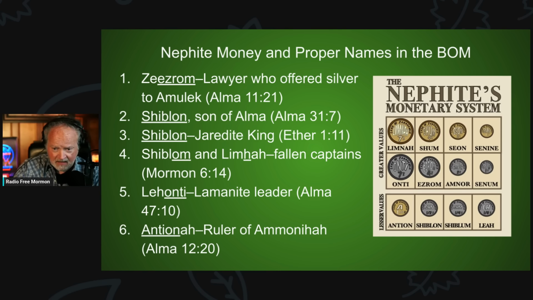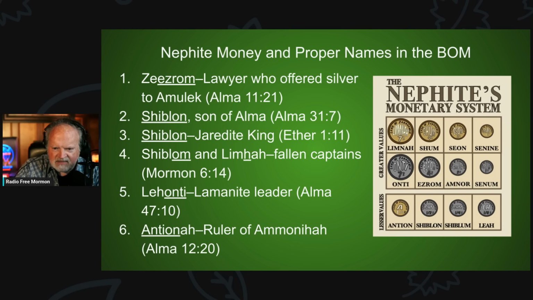So that's another Shiblon. Shiblam and Limha. Now, I underlined those differently. These are fallen captains when they're having the huge war at the end of the Nephite history, right? Mormon 6:14, they don't have a lot to say or a lot to do except to die. Shiblam and Limha. Now, notice Shiblam. That is like a cross between Shiblon and Shiblum.